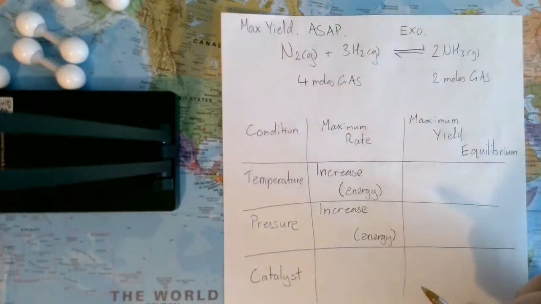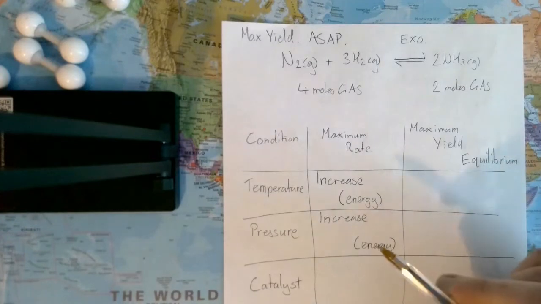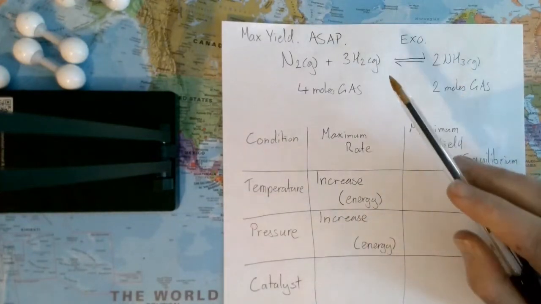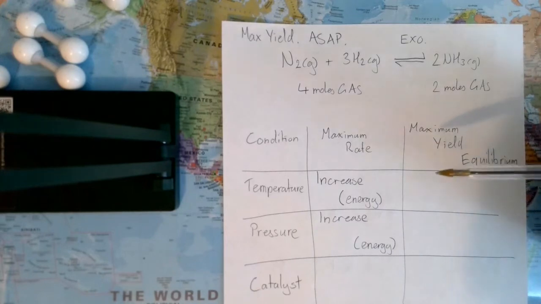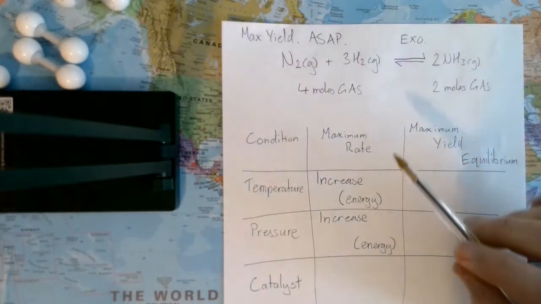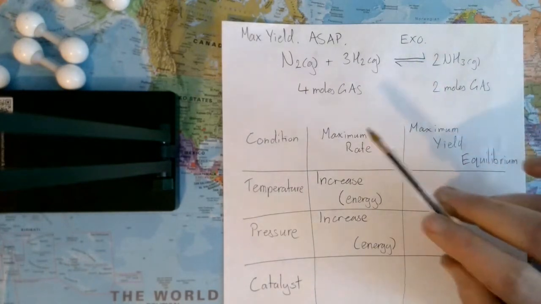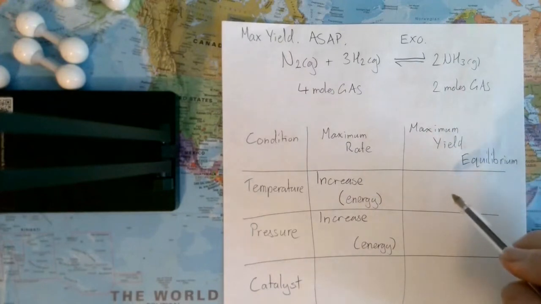For the maximum yield, however, you cannot just generalize. You have to look at the equation. So we want as much ammonia as possible. Temperature, you need to remember, was all about exo or endo. And it does the opposite of what we want. If we increase temperature, it will decrease temperature.